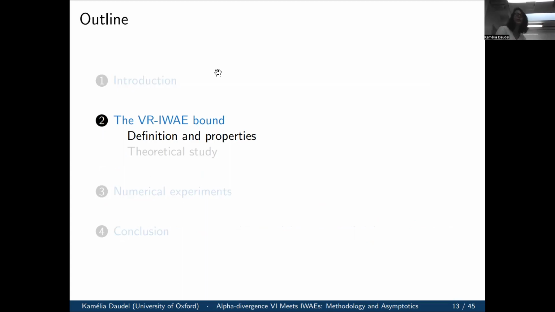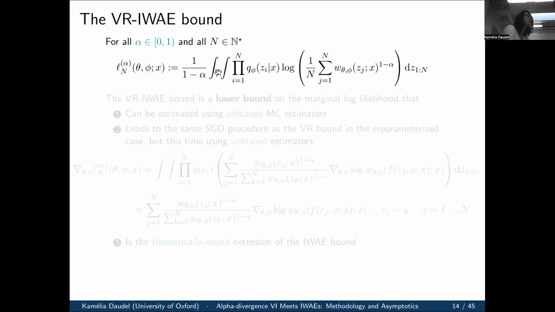So now I'm going to define it, and basically I'm going to revamp this expectation they were introducing in Lee and Turner in 2016, and I'm going to say this is actually a variational bound. So for all alpha between 0 and 1 excluded, let's look at this quantity and see what kind of properties we can get.